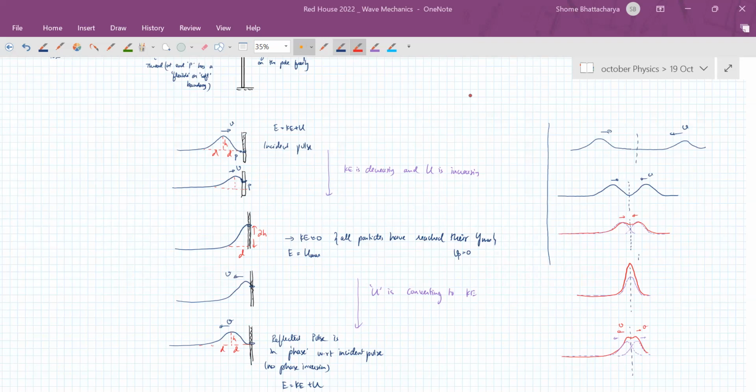Okay, so this is not only a very interesting but a very important aspect to understand.